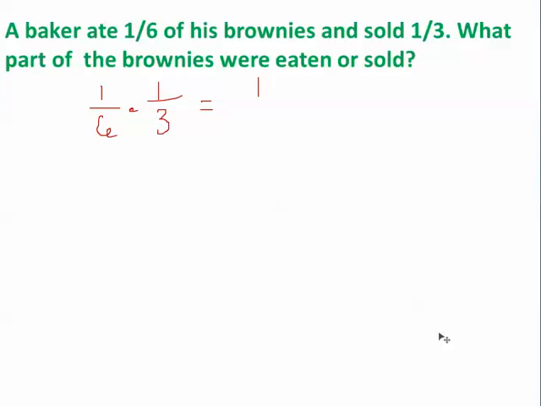Oops, did I really say times? Plus. What you did was 1/6 plus 1/3, right? If he ate a 6th of his brownies and sold a 1/3 of his brownies, then altogether he ate 1/6 plus 1/3 of his brownies.